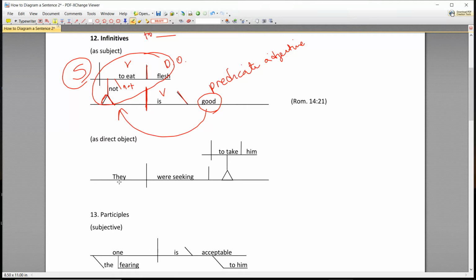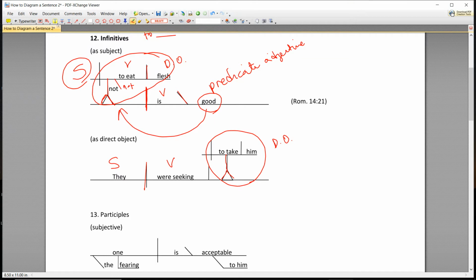Okay, another example. They were seeking to take him, to arrest, right? So they, subject, line, verb, and seeking what? So this as a whole is direct object, right? But this is kind of an infinitive phrase, right? It's more than one word, so we'll have to lift it to take him.